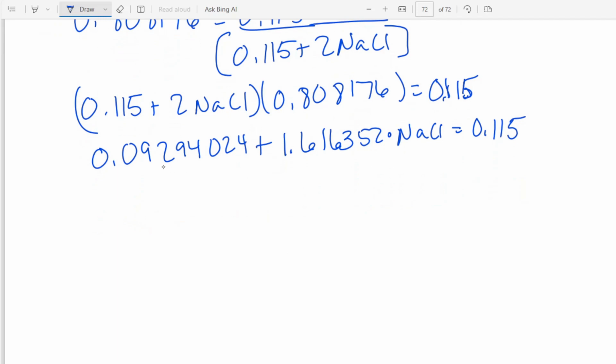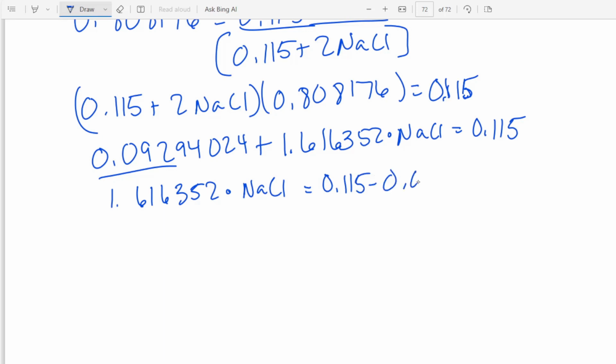So now I'll bring this number to the right, and I get 1.616352 times NaCl equals 0.115 minus 0.0929424.